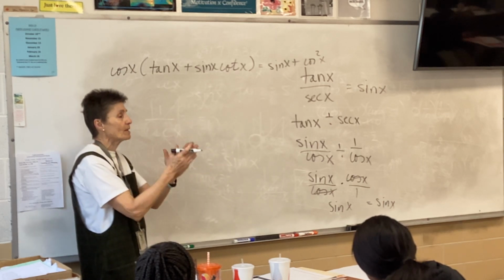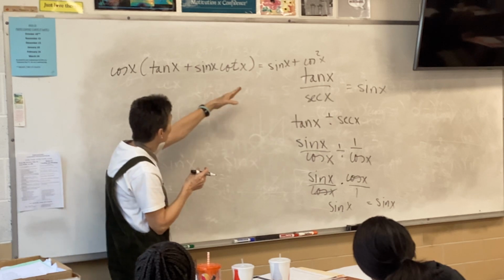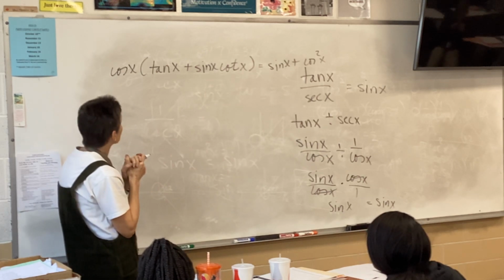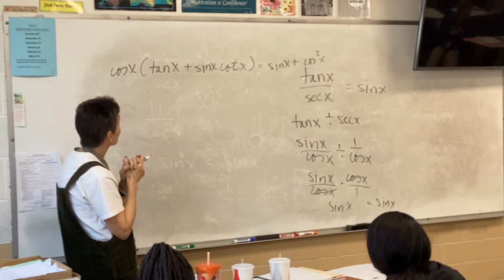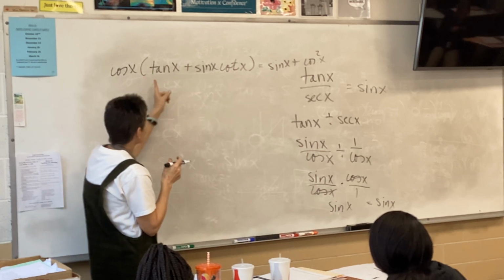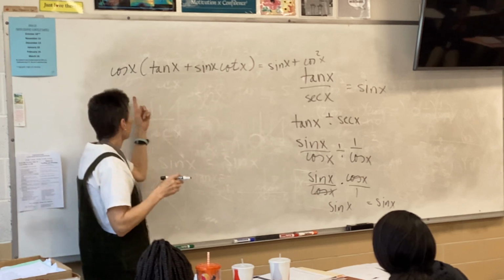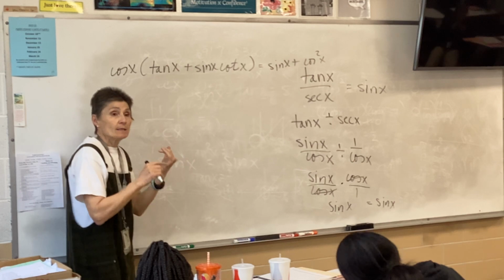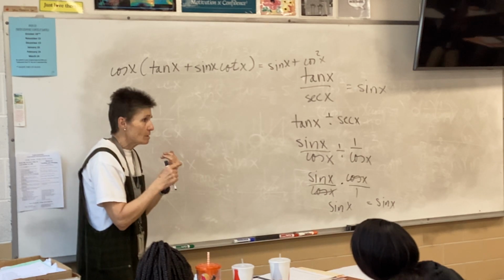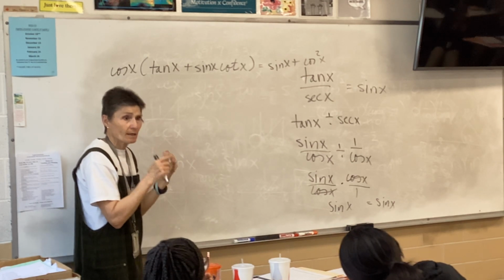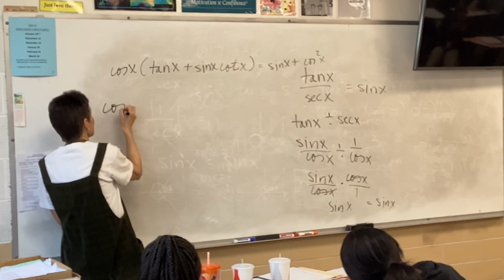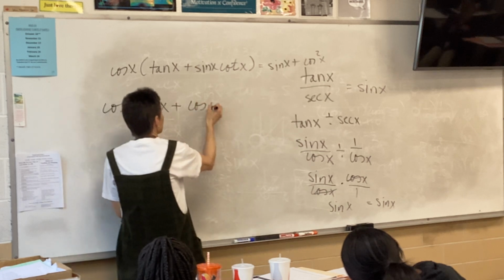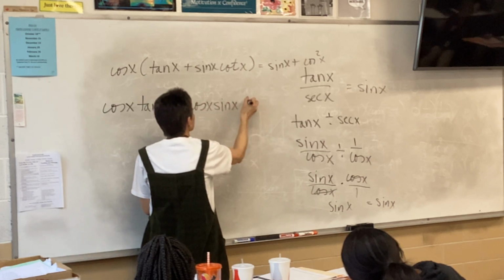What might you do over here? Well, I see this parentheses, and what do I automatically think about doing? Distributing. Now, is that wrong? No, it's perfectly legit. I'm going to distribute. So cosine times tangent plus cosine times sine times cotangent.